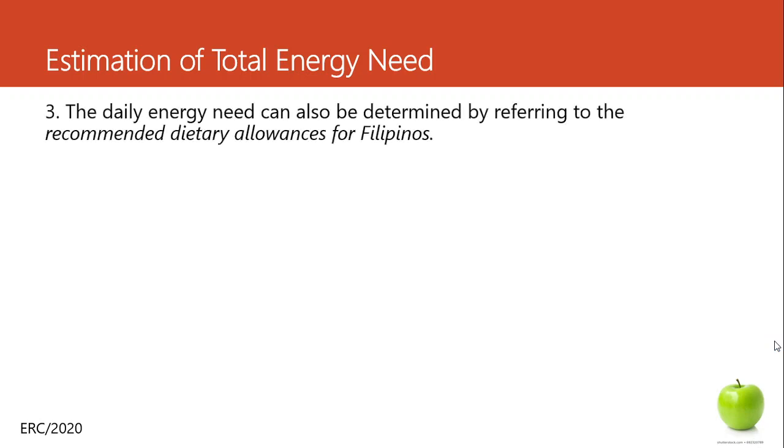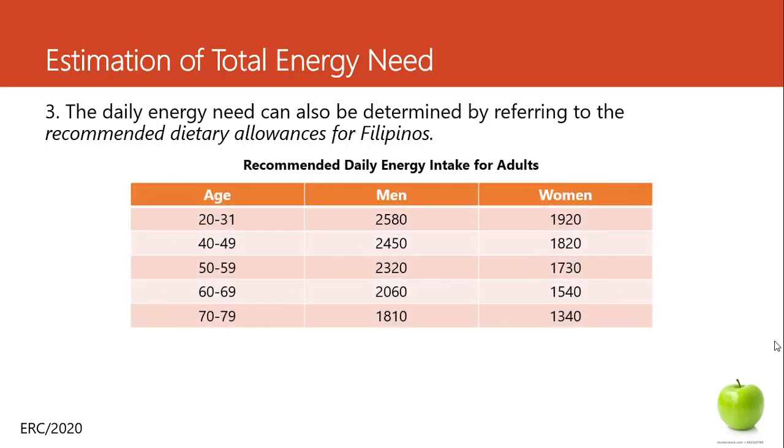Okay, so number 3, the daily energy need can also be determined by referring to the recommended dietary allowance for the Filipino. So recommended daily energy intake for an adult, for the age 20 to 39, we have for the male 2,580. For the women, we have 1,920. And for the 40 to 49 years old, we have for the male 2,450 and 1,820 for the women.